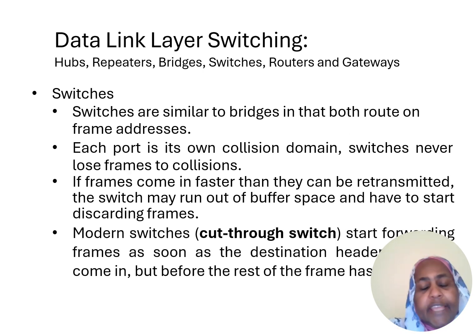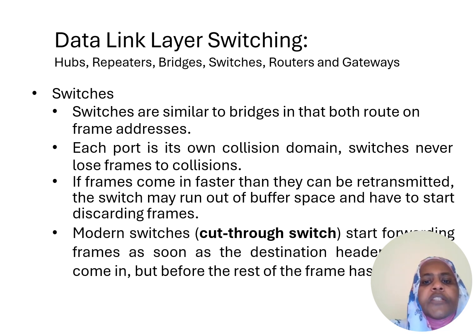Switches are similar to bridges in how they route frames, but more complicated, and each port has its own collision domain. Switches buffer frames, but if frames come faster than they are retransmitted, the switch might run out of buffer and start discarding frames.